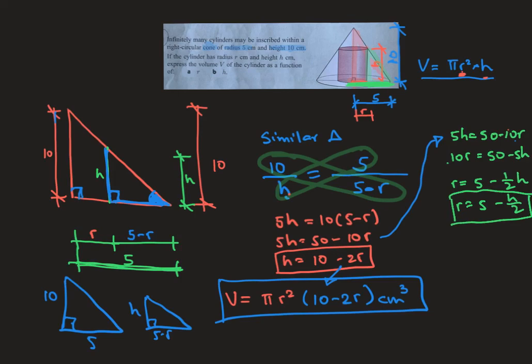Now let's have a look at the volume. Volume is equal to pi.